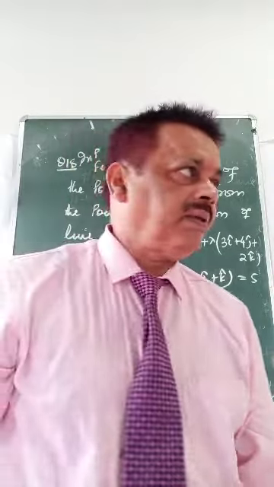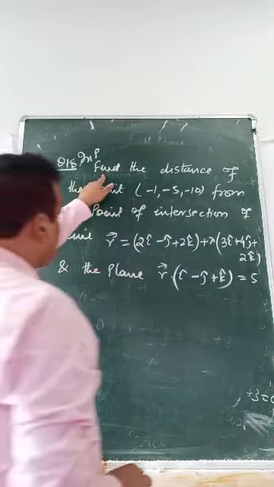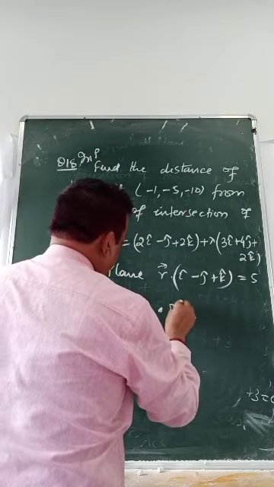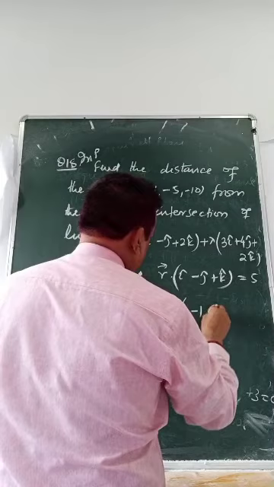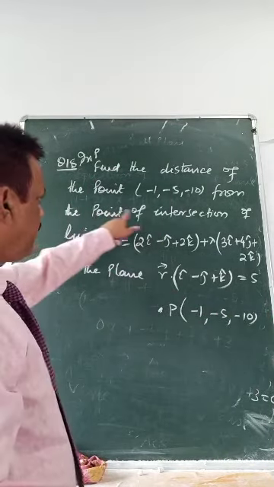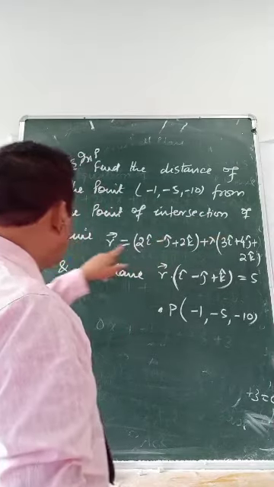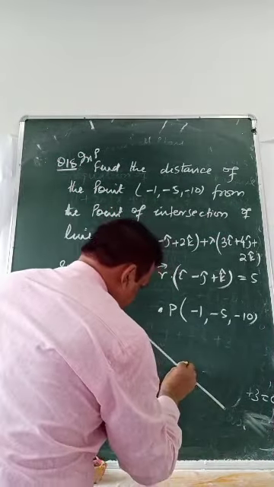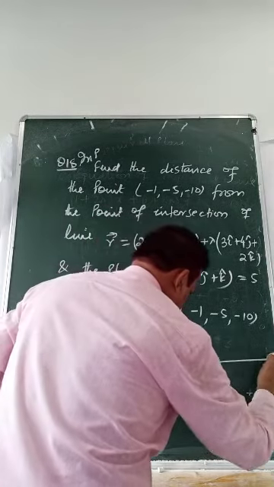Try to understand its meaning. Find the distance of the point. There is a point here, P, suppose -1, -5, -10, from the point of intersection of line and plane. So there is a line, there is a plane.